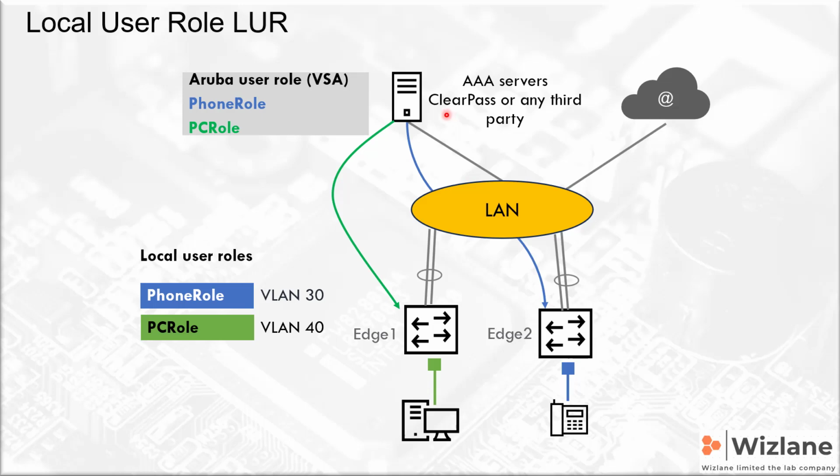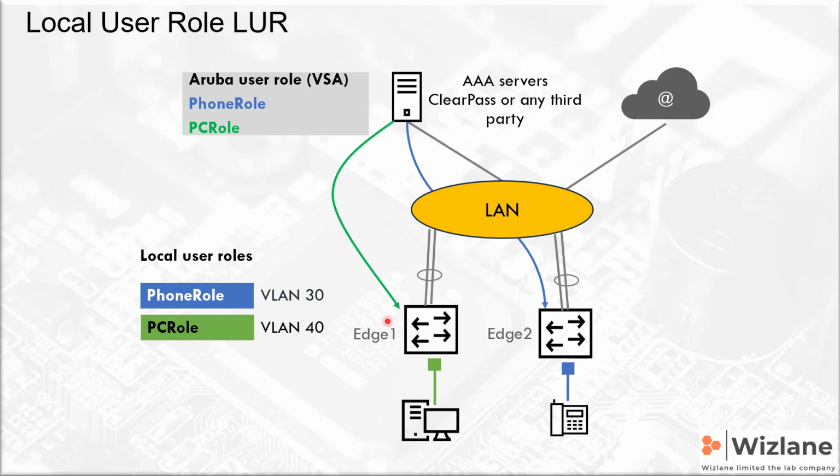Any third party or any RADIUS server is able to send instructions back about what to do to that client connection. So those roles will be sent as part of what is called, in this case, a vendor specific attribute.